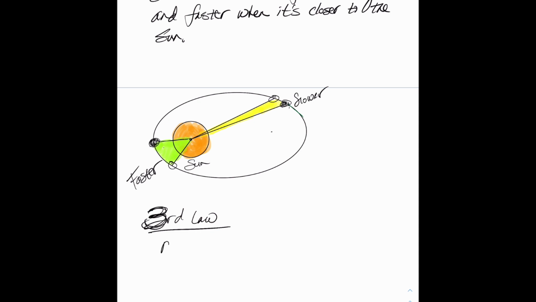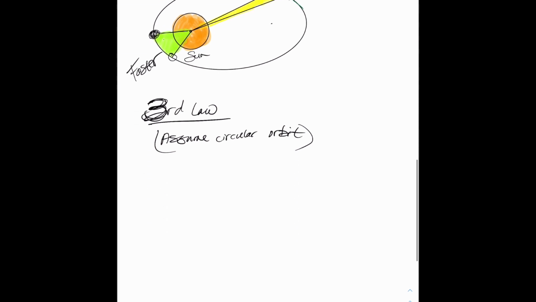So we're going to assume circular orbit. Right, and that's okay because planetary orbits are so close to circular, and it is a special instance of elliptical orbit.